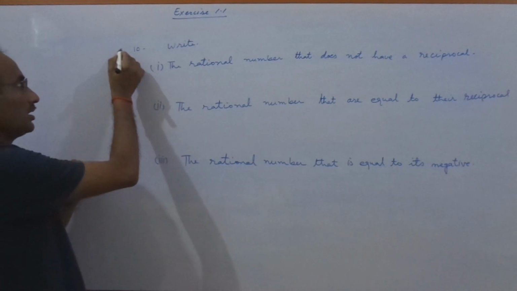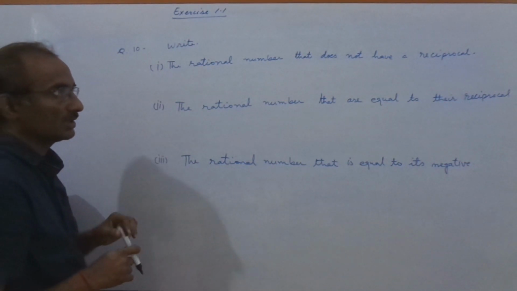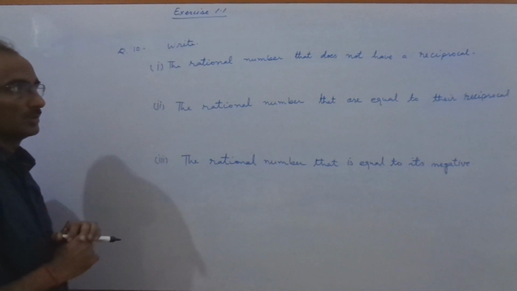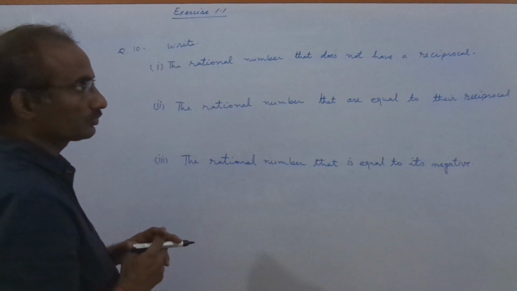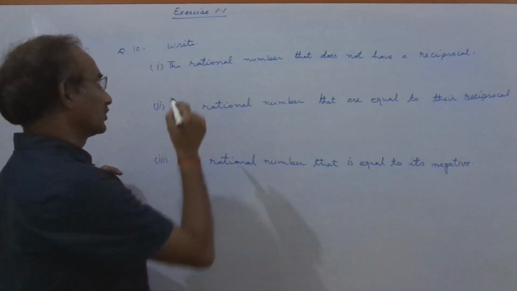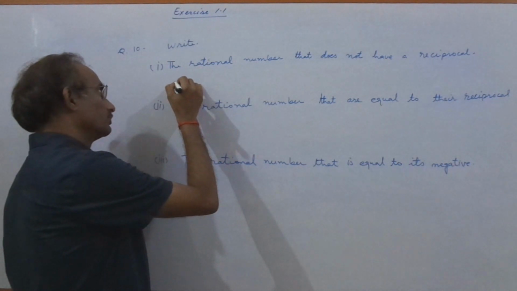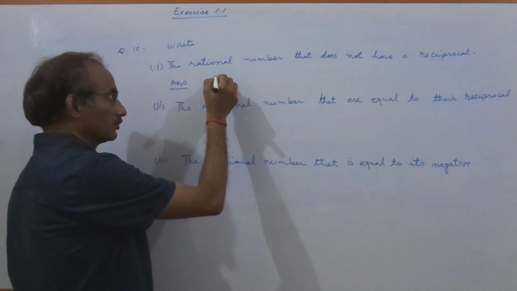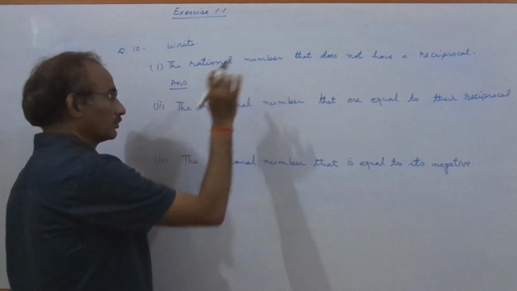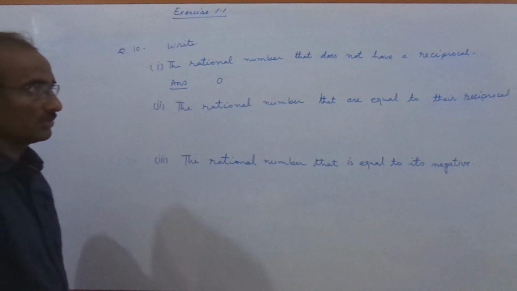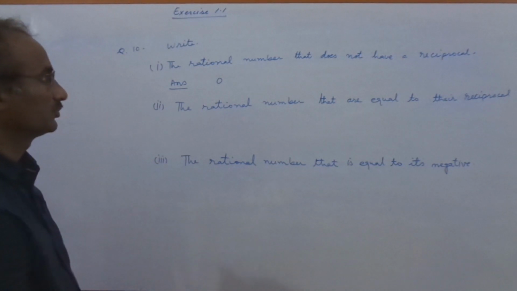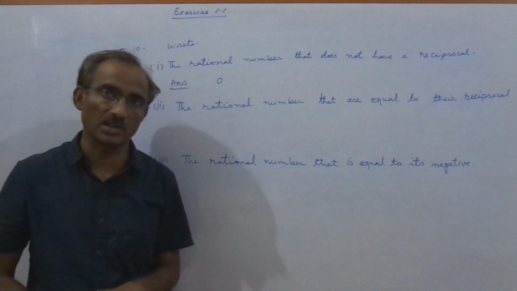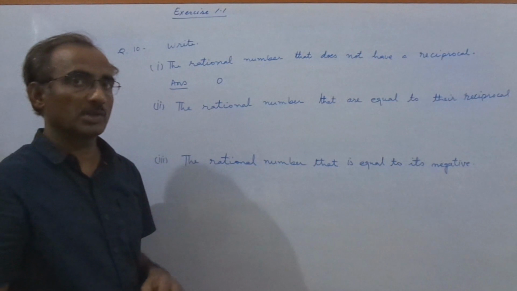Question 10. Write the rational number that does not have a reciprocal. The rational number 0 has no reciprocal, so its answer is 0. The rational numbers that are equal to their reciprocal. Reciprocal of 1 is equal to 1 and the reciprocal of minus 1 is also equal to minus 1.